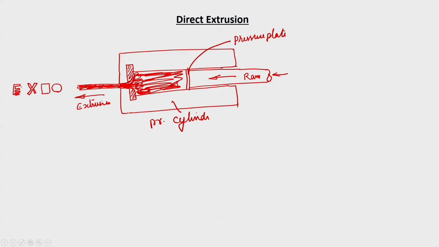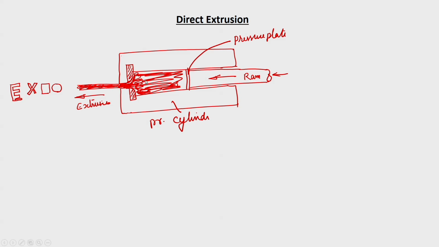So, thin shapes you can get. Whatever type of shape, your die opening will have that type of shape. So, you can have any type of shape. Whatever material comes through that opening, you will get that type of shape. If you want a hollow part, you can insert a mandrel into this and then proceed.